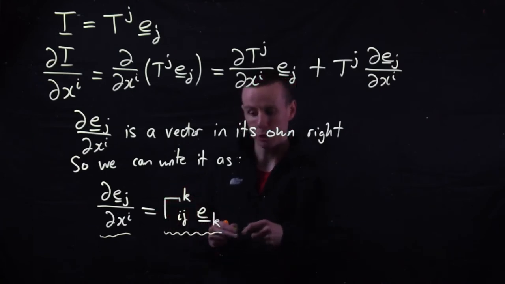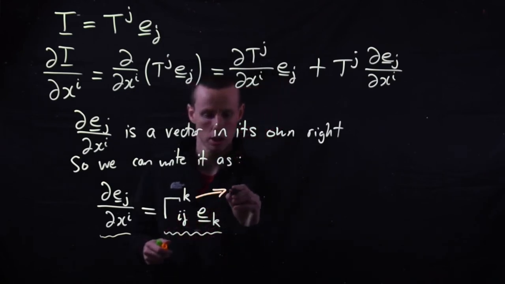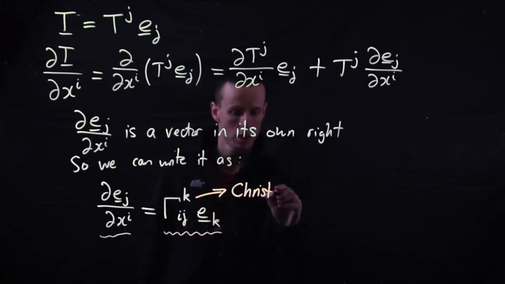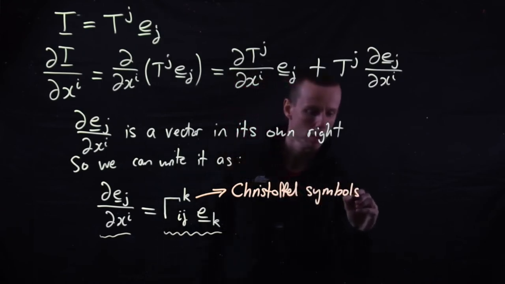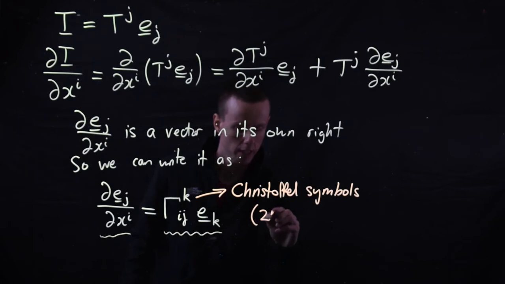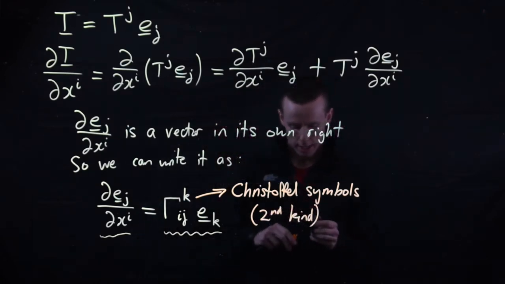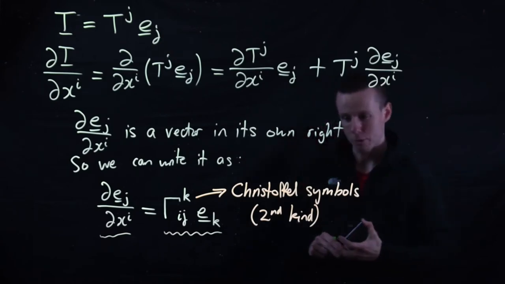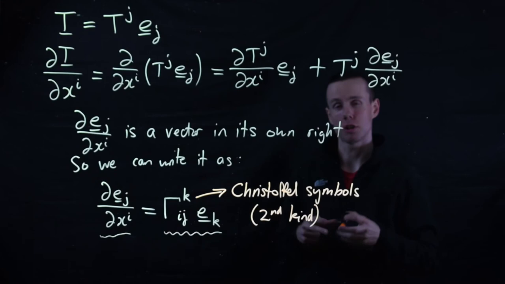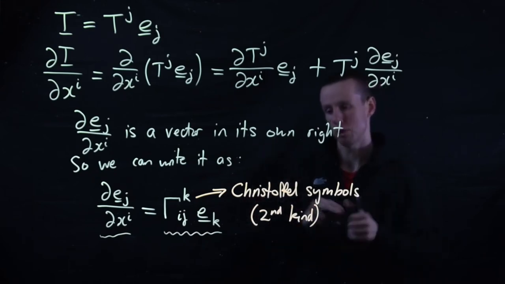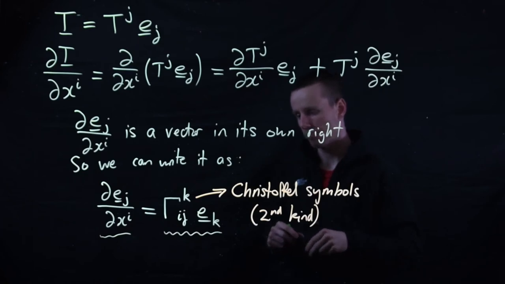And there's a very special name for them. They're called Christoffel symbols. More specifically, they're called Christoffel symbols of the second kind. Sometimes they're also called connection coefficients, or even just the connection.